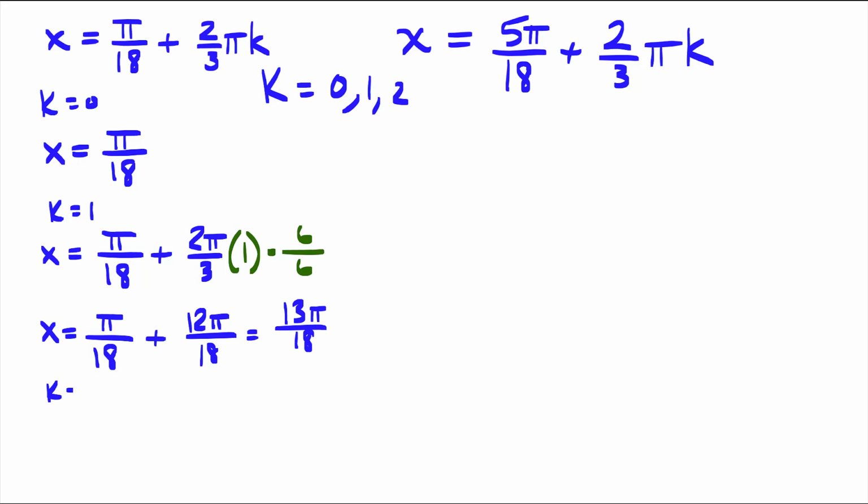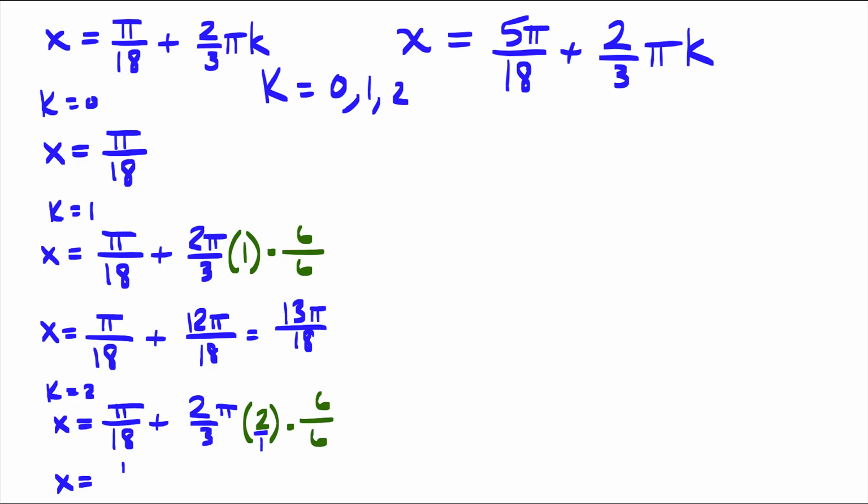Okay, next one. k is equal to 2. Plug in that value. This is pi over 18 plus 2 pi over 3, now times 2. Okay, 2 over 1, just so we have that multiplication. The 2 is just the k value coming in. And we need common denominators, so we're still going to multiply by 6 over 6 to get that denominator of 18.